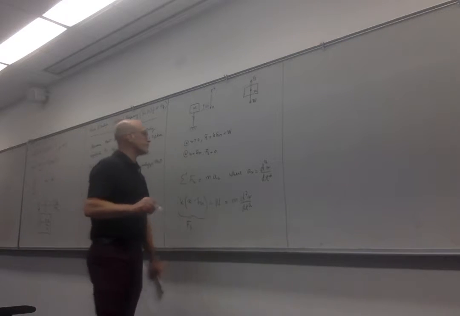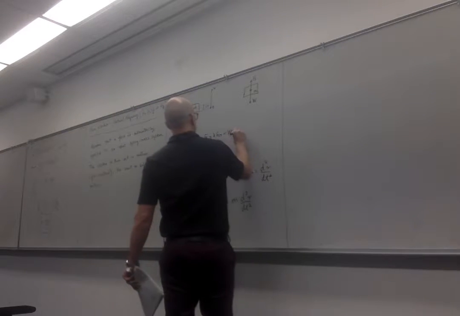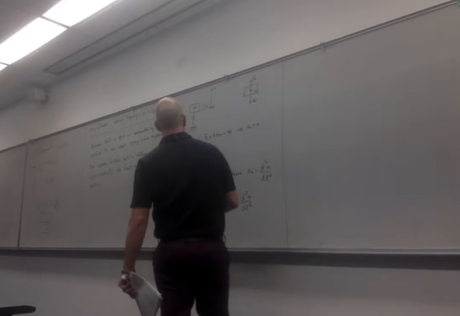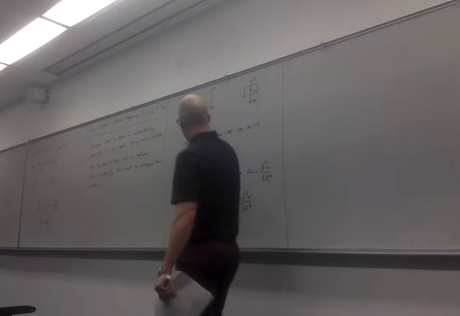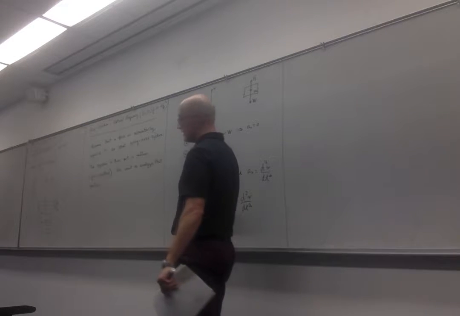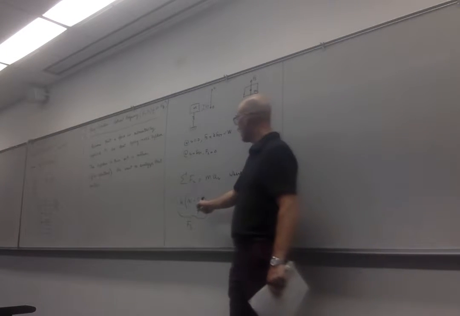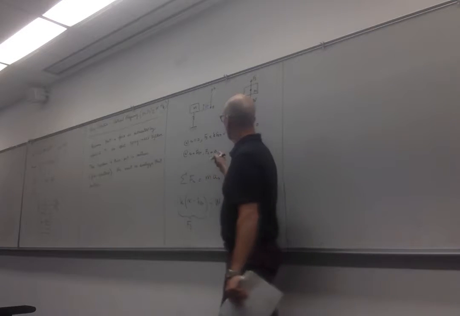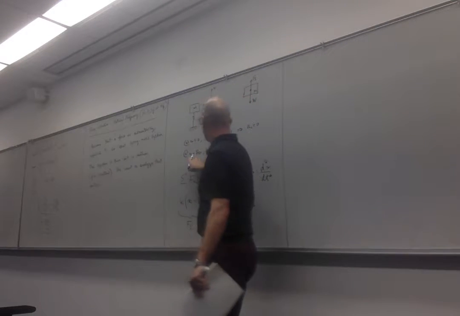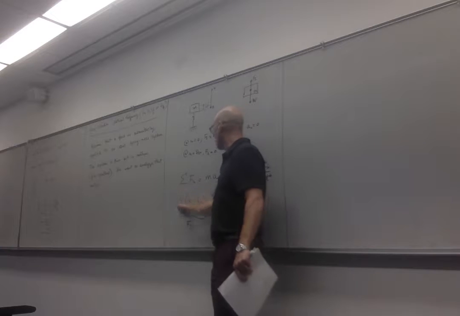So in a way, that also means that our acceleration is going to be 0 if x is equal to the static deflection right here. If x is equal to the static deflection here, this goes to 0.